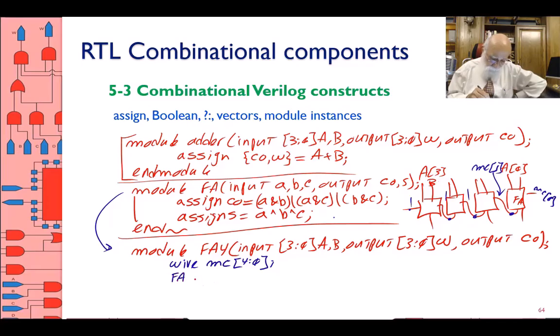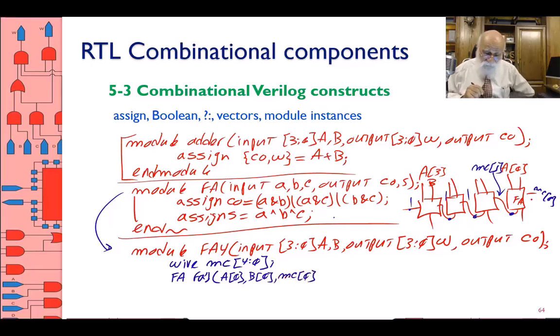Full adder fa1. I write the instance name in lowercase, not to get mixed up with the module name. The inputs are, according to this, A, B, and carry in. That becomes A, I'm doing the right hand side, A0, B0. MC is the carry in, and MC is MC 0. What do I have for carry in?